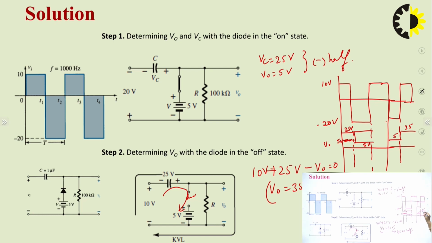Okay, so the total swing is 30 volts. And here also we can see minus 20 and 10. The difference between these is 30 volts. The total swing in the input signal and the output signal is the same in both cases. So the clamper shifts only the DC level and there is no change in the waveform.